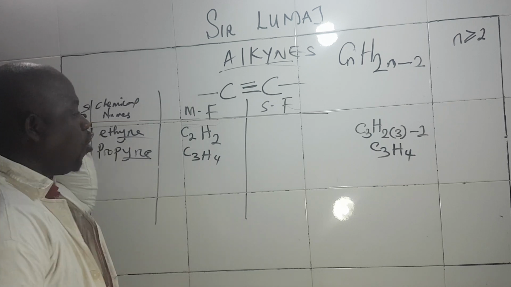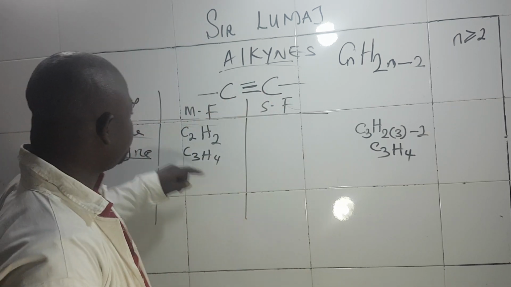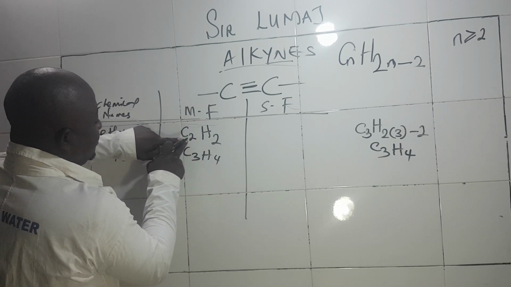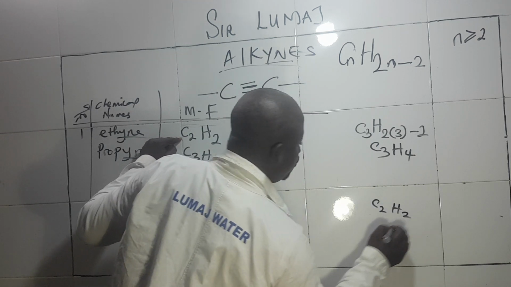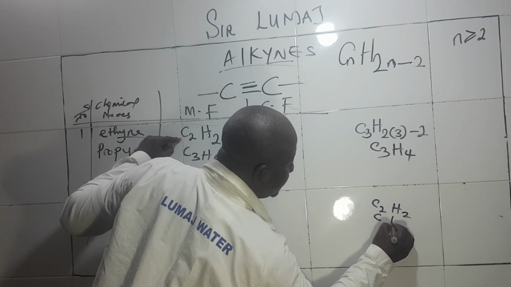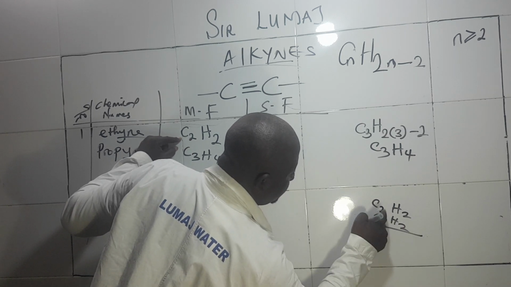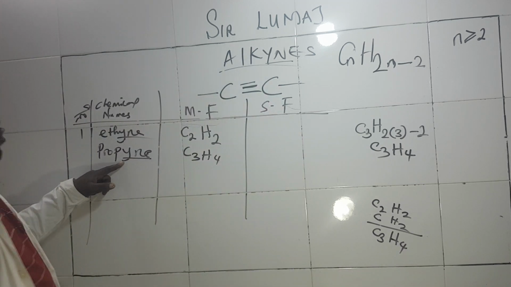And don't forget, I said homologous series differs by CH2. By the time you add CH2 to C2H2, what do you have? You have C3H4, which is your propyne.